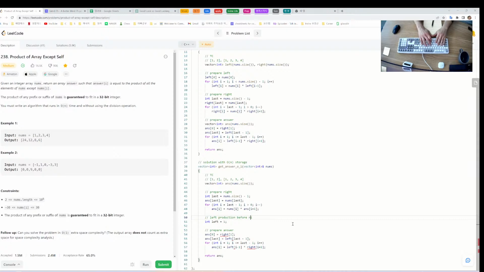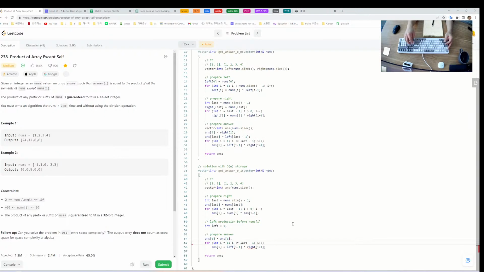Before nums I. Prepare the answer. So answer 1 will be answer 1. Surprisingly, this is true.